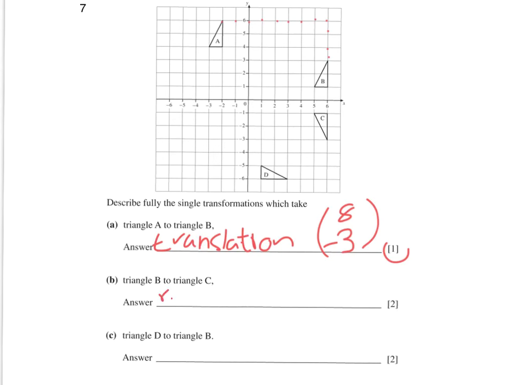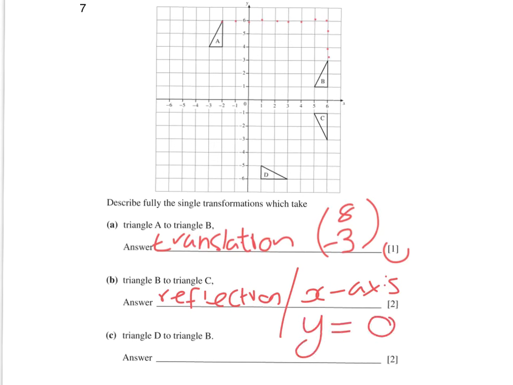So you could say reflection in x-axis, or you could say here reflection in y equals 0, which would be the equation of that line. The last one is triangle D to triangle B. So again, hopefully we can see here that this is a rotation, that is spun. So we need to do that again by tracing paper. So let's have a look at how you would find the answer to part C.